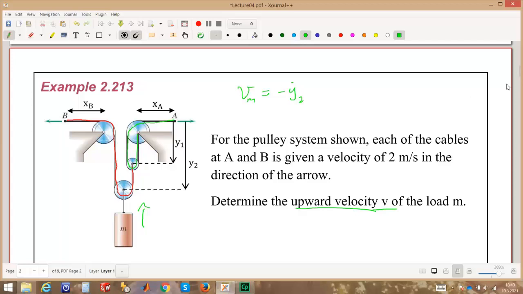Now all we need to do here is to write out the two constraint equations, composed of xp for the left one, and xa for the right one.